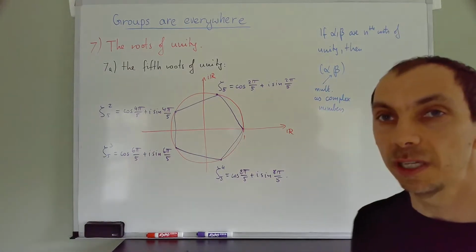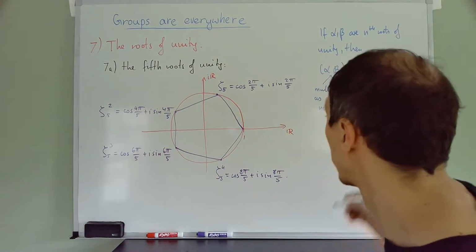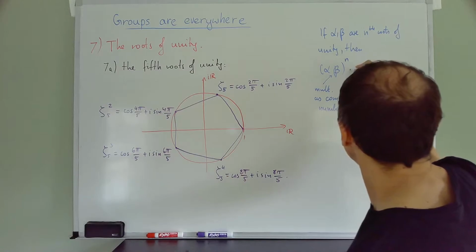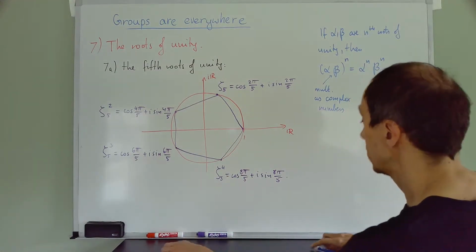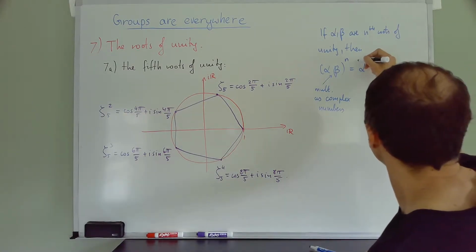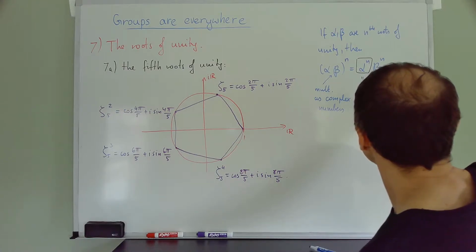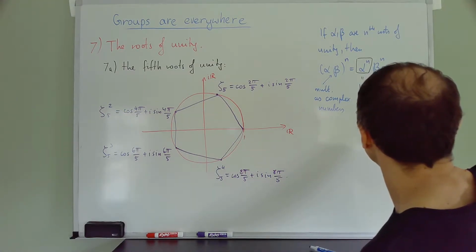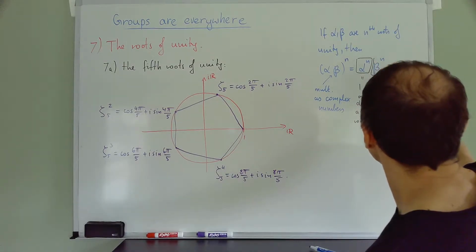How do I check if something is an nth root of unity? I just raise it to the nth power and hope to get 1. So if I raise it to the nth power, I get alpha to the n, beta to the n. Oh, but alpha is an nth root of unity, so this is 1, as alpha is an nth root of unity. And so is this, as beta is an nth root of unity.